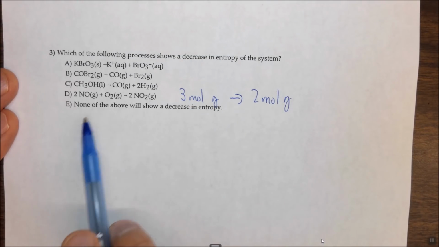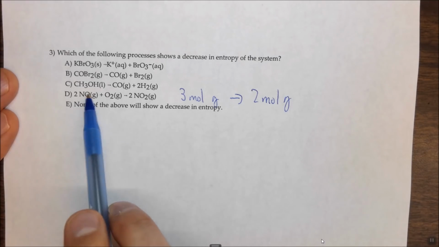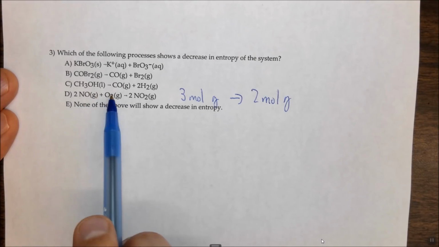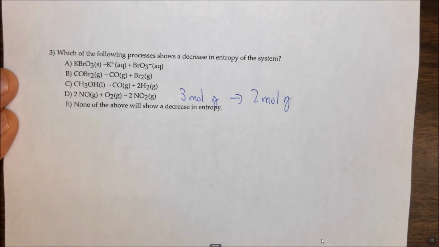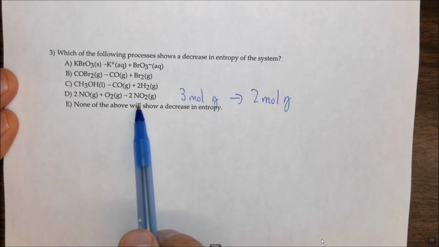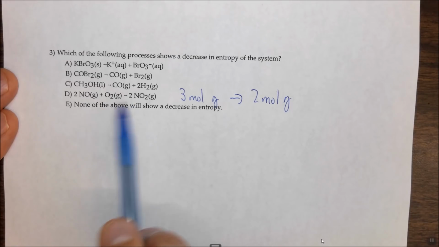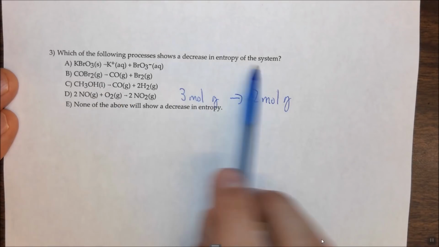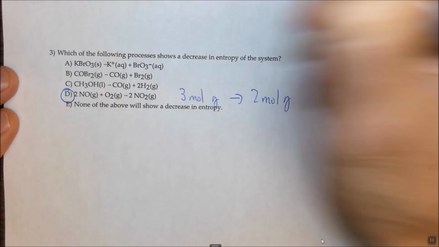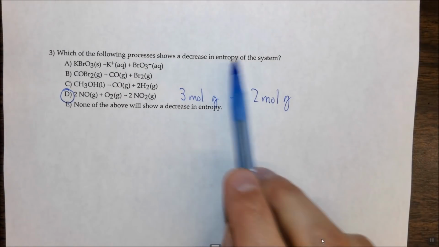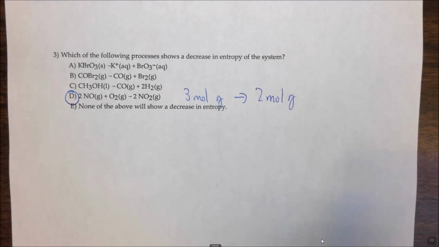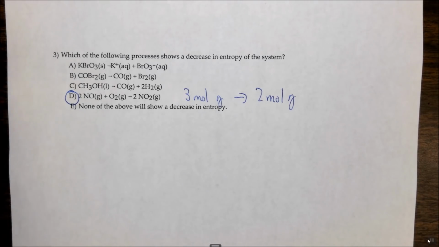Another way of looking at this is we've kind of hooked these things together, right? So we started off with 3 things and we hooked them together to form 2 things. So these are less random. 2 moles of gas is less random than 3 moles of gas. So therefore, we've had a decrease in entropy. And E can't be true because we found that choice D was the correct answer.